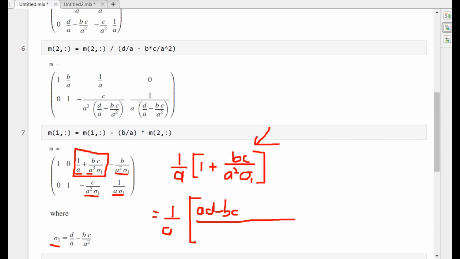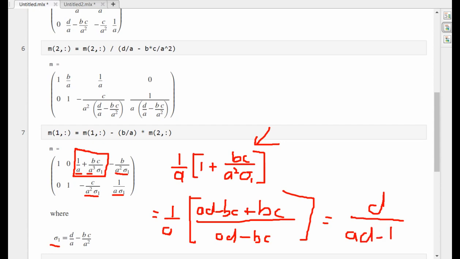And then the a squared sigma 1 is just AD minus BC, and we have a common denominator now, so AD minus BC in the denominator. And then for the second fraction, I just have plus BC. Well, there you go. The minus BC and the plus BC cancel, and so I just end up with D over the determinant, AD minus BC, because the A here and the A here cancel.